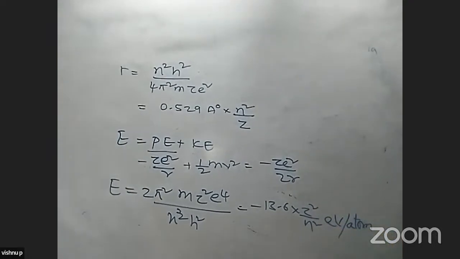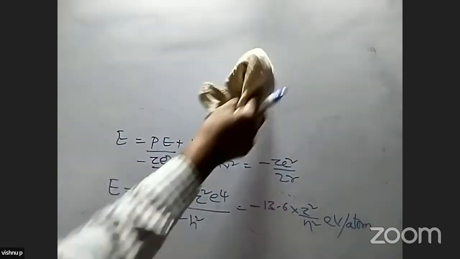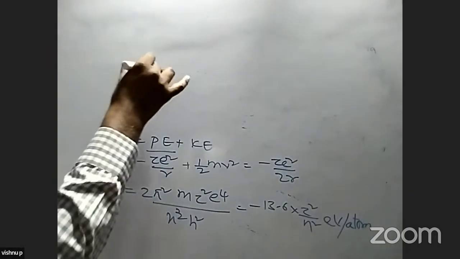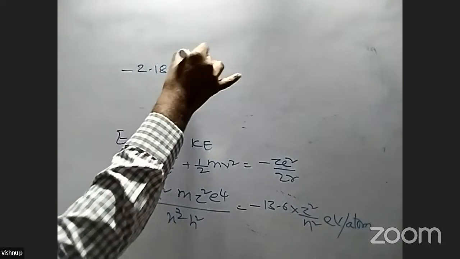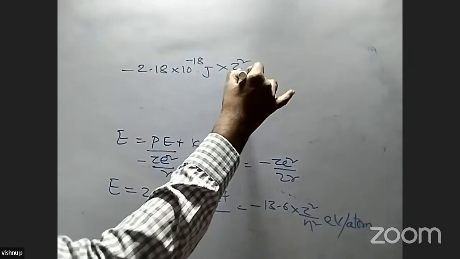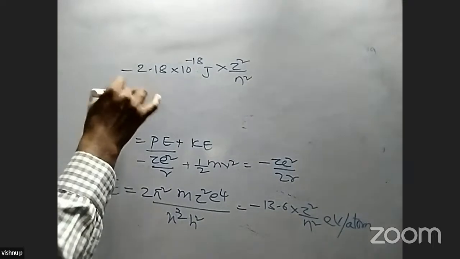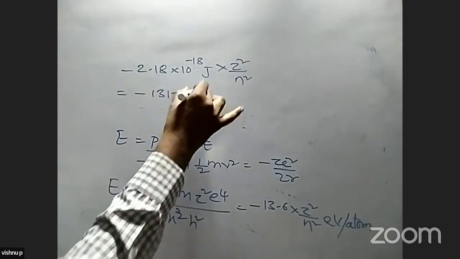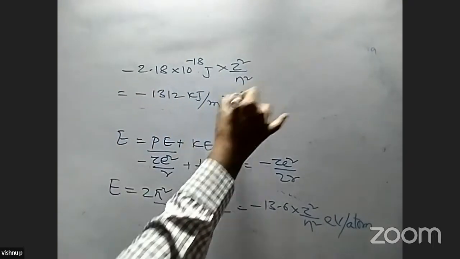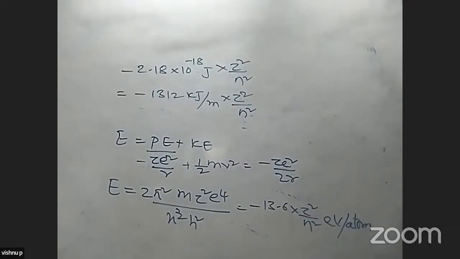That is one unit to find the energy of the electron. Another is minus 2.18 into 10 to the power of minus 18 joules into z square by n square. Another unit is minus 1312 kilojoules per mole into z square by n square. These are the different methods to find the energy of the electron.